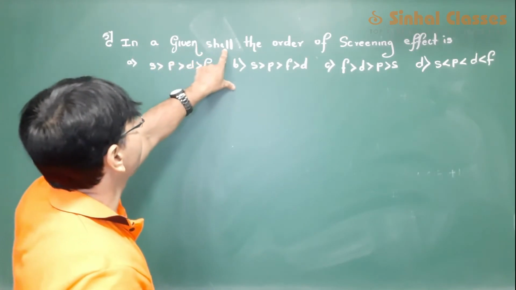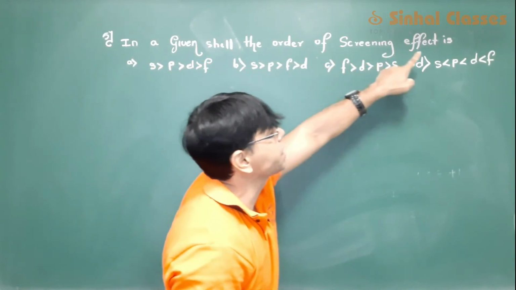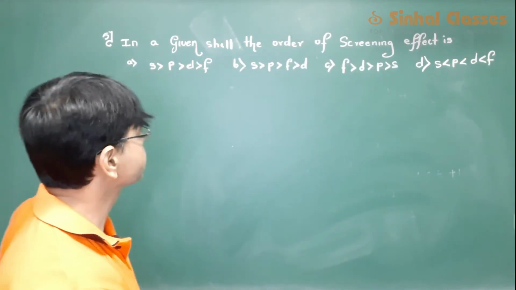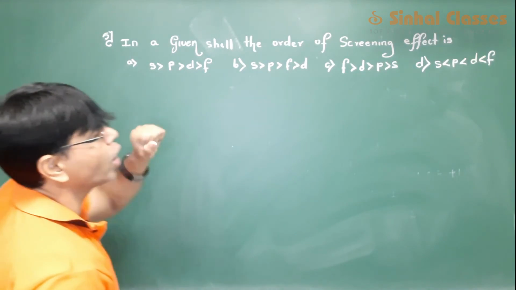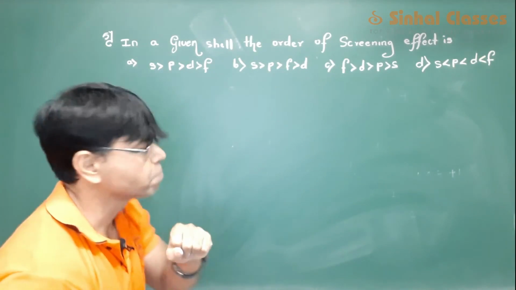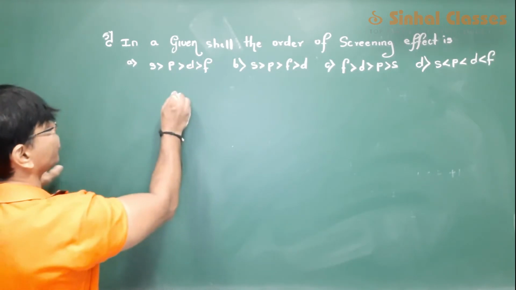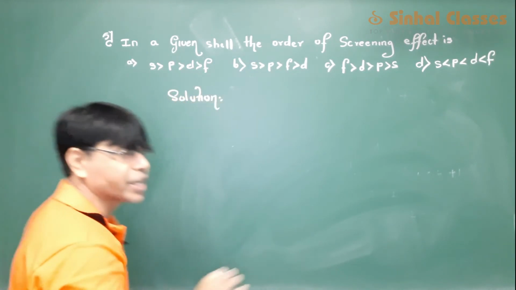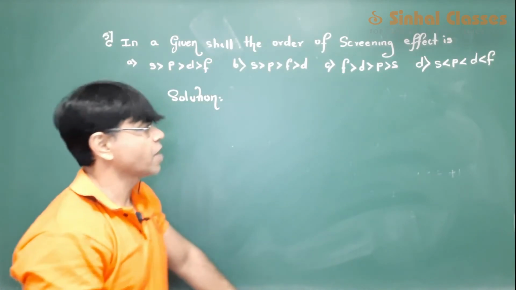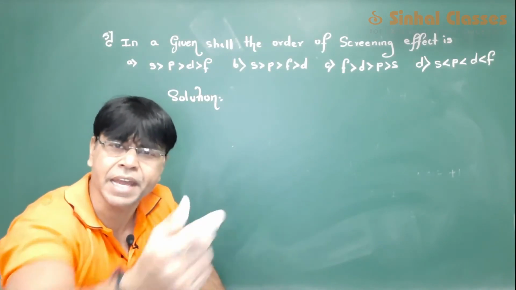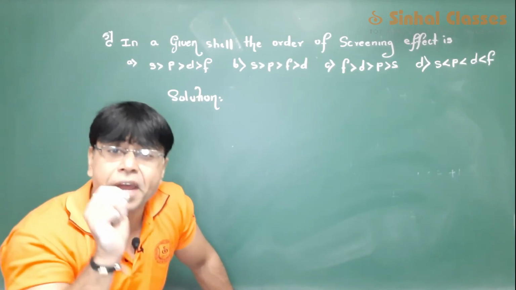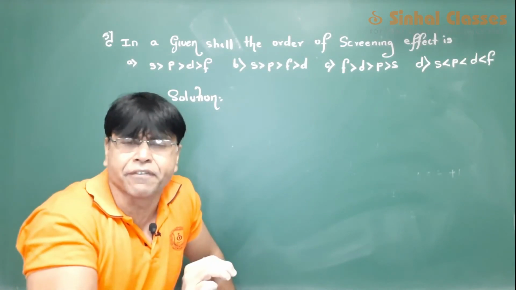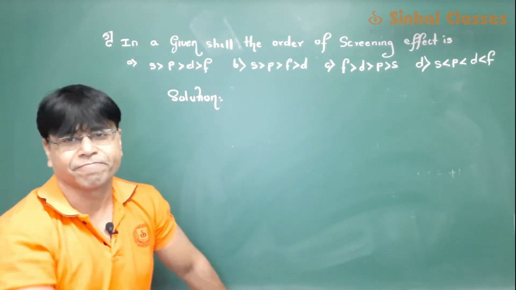In a given shell, the order of screening effect is. You want to know about screening effect. We all know that s orbital is very close to the nucleus as compared to p, d and f. Screening effect depends on effective nuclear charge.